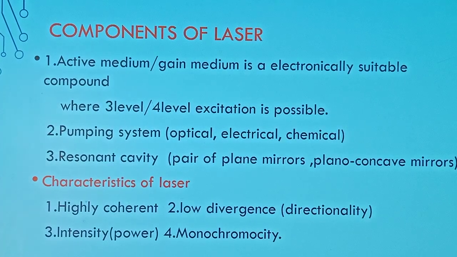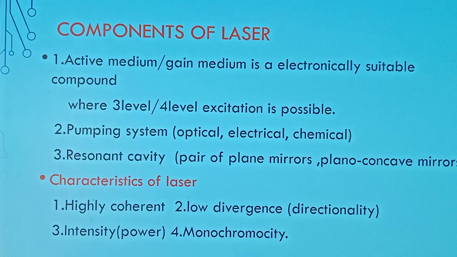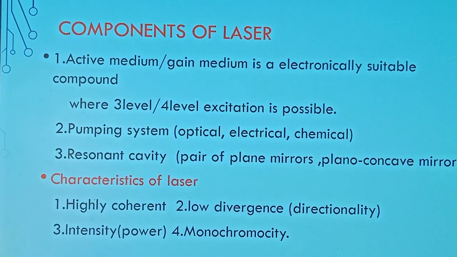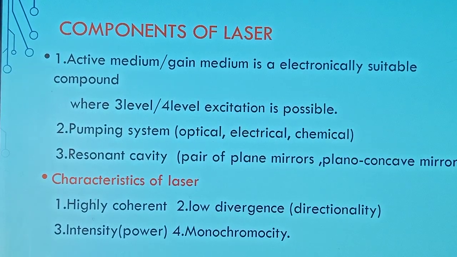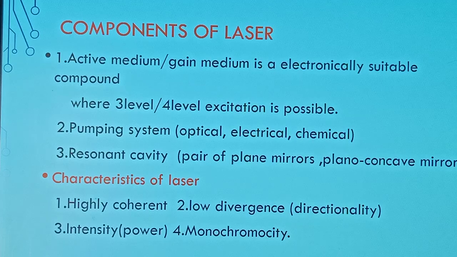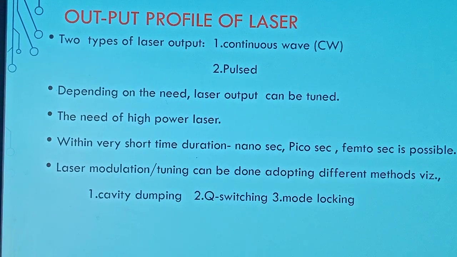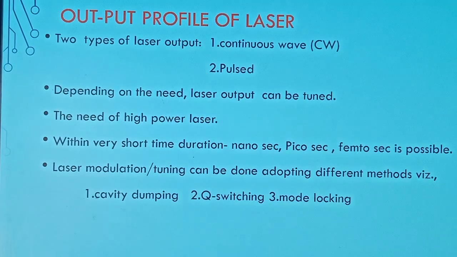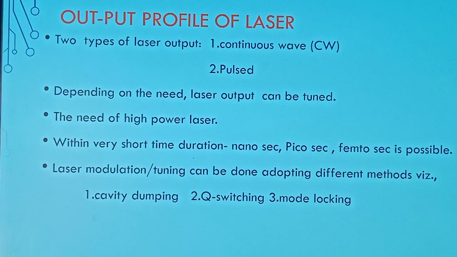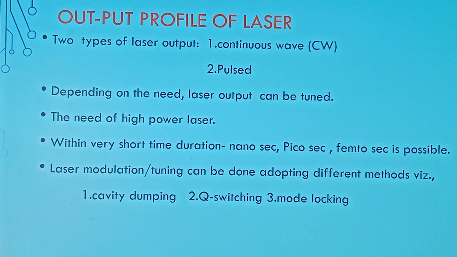The laser which we get has special properties. Laser light is highly coherent. It has great directionality, it is very intense, and it has a single wavelength, monochromaticity. So when we get the laser output out of the medium, in certain cases we get a continuous wave.